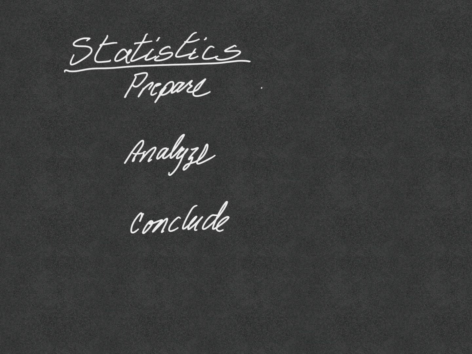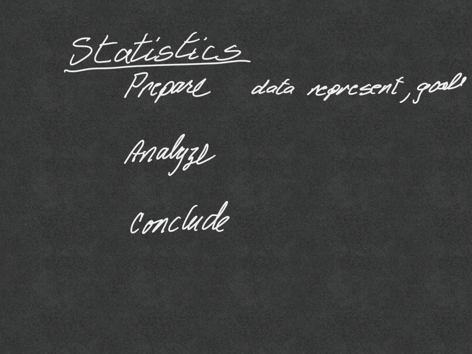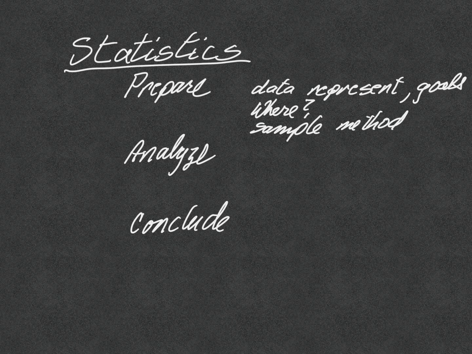You're trying to figure out what the data represent, what kind of goals you have for your study, where you are going to get your data from, where the source is, where you are going to obtain that data, and then you have to come up with some kind of sampling method. And there are lots of them, and we'll probably talk about them in future chapters. But you have to prepare for the study, you have to do these things.